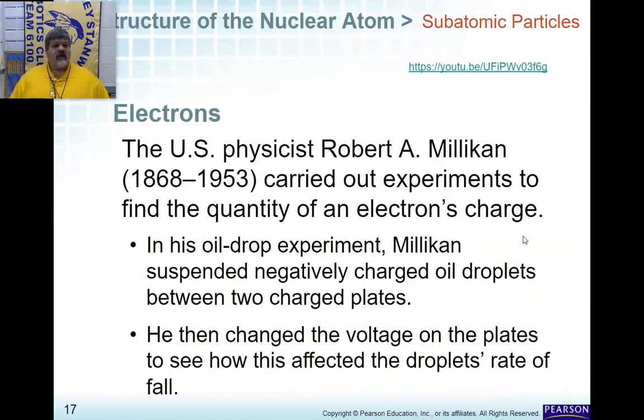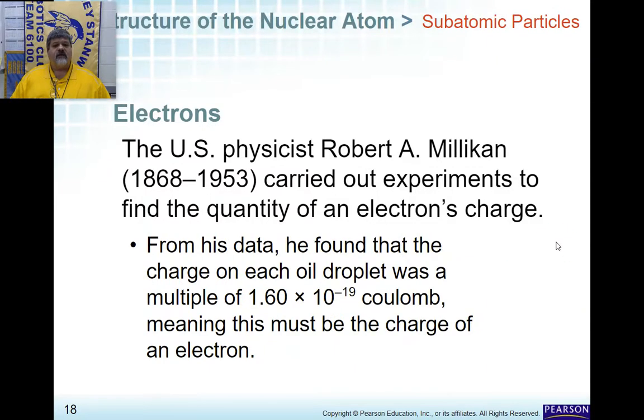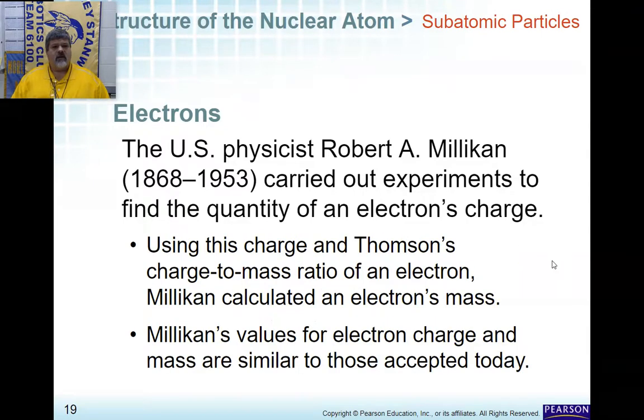Now, Millikan did something called the oil drop experiment, which helped us out, and he found out the actual charge of that subatomic particle. We don't really know what the charge is, we just know that that charge is equal but opposite that of a proton. So Millikan found out and calculated the electron's mass from that charge.